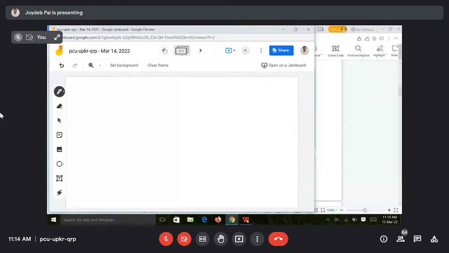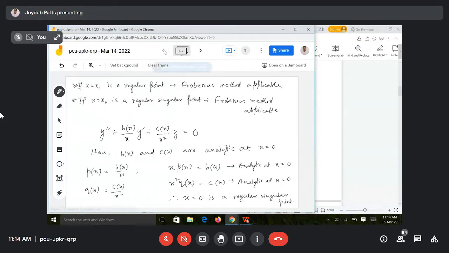So up to that I told, and this ODE has been considered: y double dash plus b(x)/x y dash plus c(x)/x squared y is equal to 0, and here x equal to 0 is a regular singular point, so we can apply Frobenius method on that ODE, right?